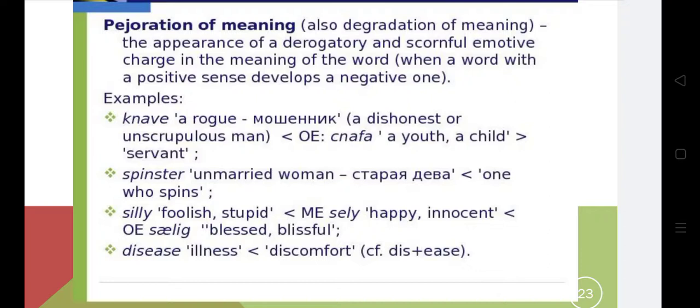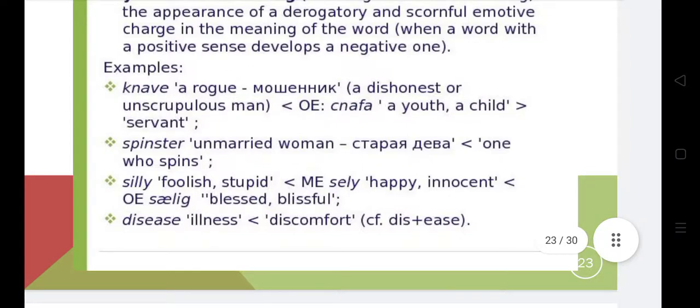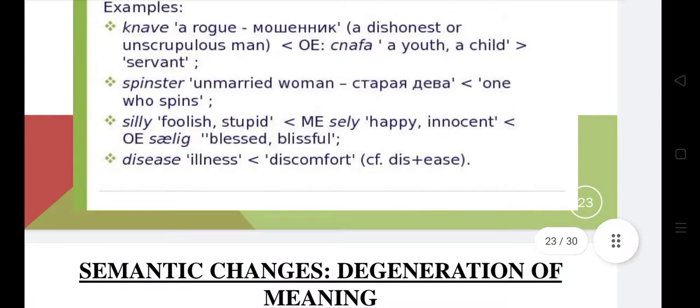This is the modern meaning of knave, but in Old English the word knave meant a youth, a child. Another example is silly. In the past, in Old English, it was a word for blessed or blissful, but its meaning has been degraded, and now it is used in the sense of foolish and stupid.